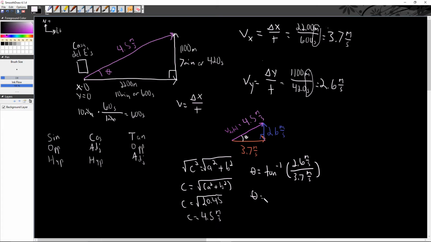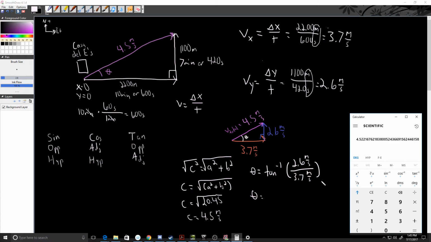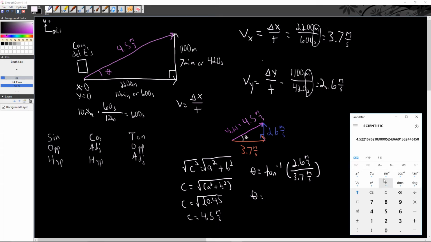So in this case, calculator up. I need to find my inverse tangent. So I've shifted. A lot of times it's going to be second and the tan function. Let's go with that. Opening parenthesis, 2.6 divided by 3.7.